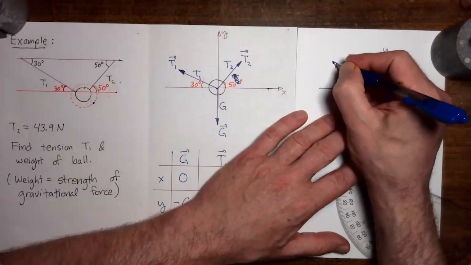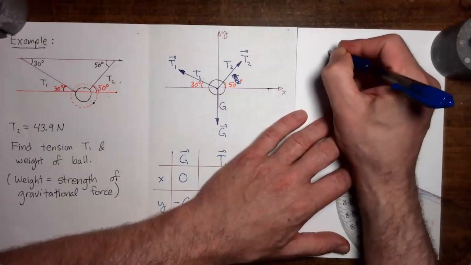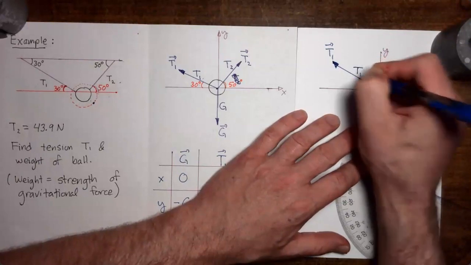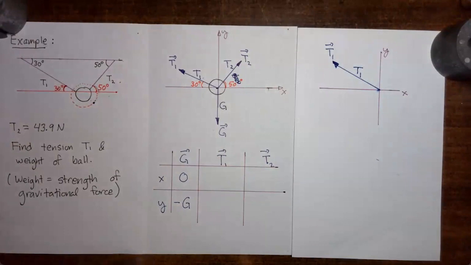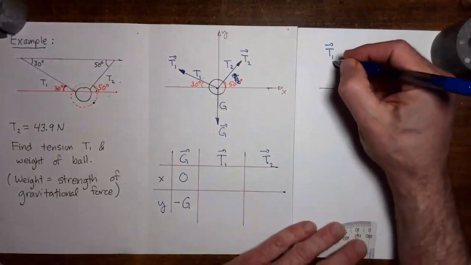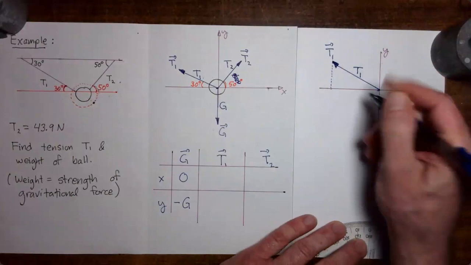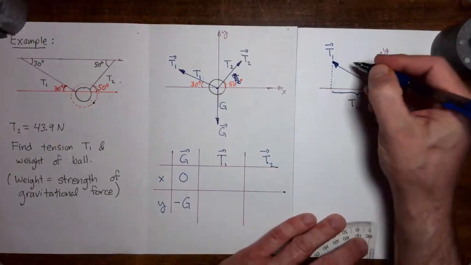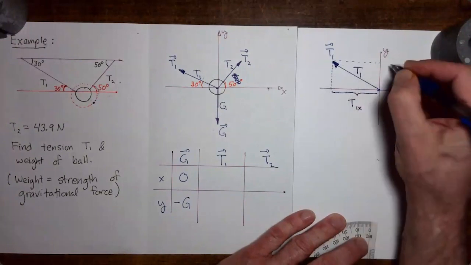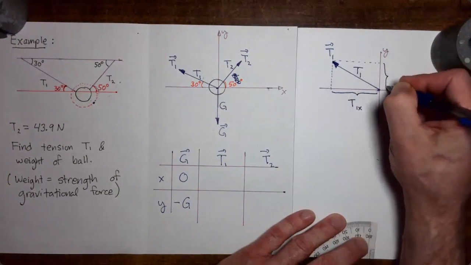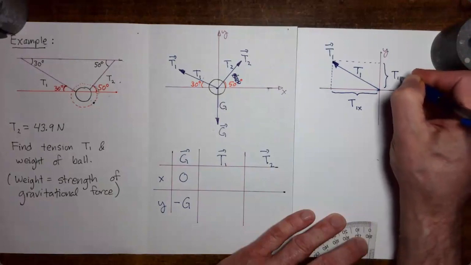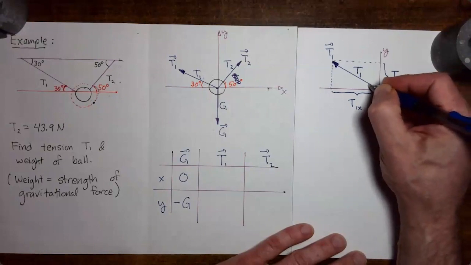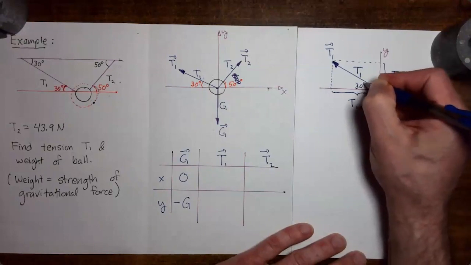Copy it over here. The magnitude of tension vector 1 is just whatever the tension in that string is. And now I can project tension vector 1 onto the axes. So here is the x component of tension vector 1. Here is the y component of tension vector 1. This is a 30-degree angle in here.